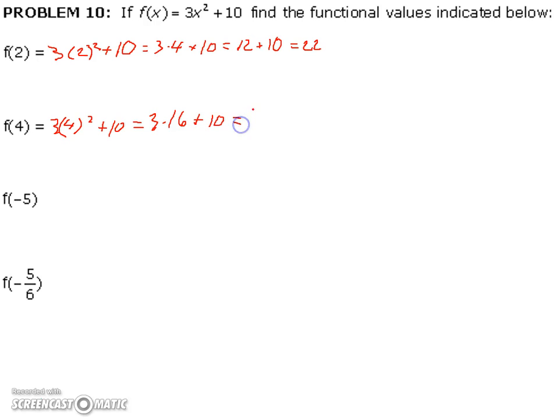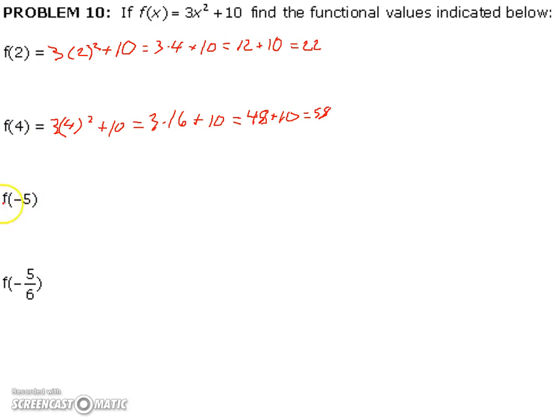Still going to do multiplication second. And we're still going to do addition last. Alright, so for that one the output came out to be 58. I'm sorry, my handwriting's a little rough there. Output is 58 when the input is 4.